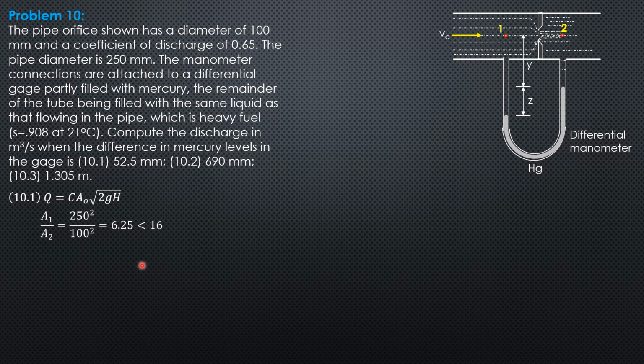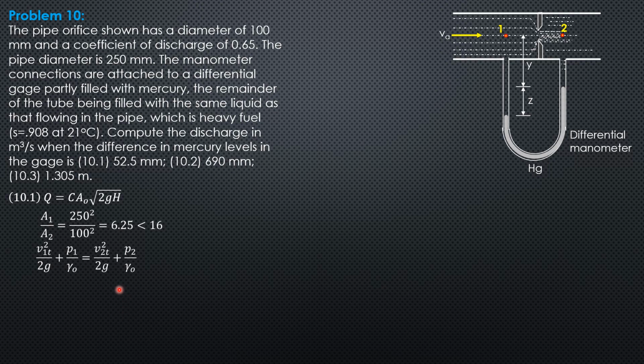Then, writing the energy equation between points 1 and 2, take note that these are theoretical velocity heads. So the theoretical velocity head at 1, V1 squared over 2g, plus the pressure head at 1 due to oil plus z1, which is 0, equals the theoretical velocity head at 2 plus the pressure head at 2 plus elevation head 0. And remember, we ignore losses, that's why these are theoretical values.